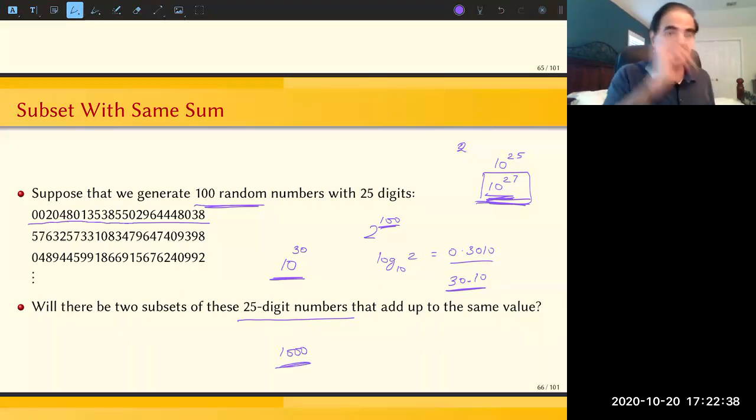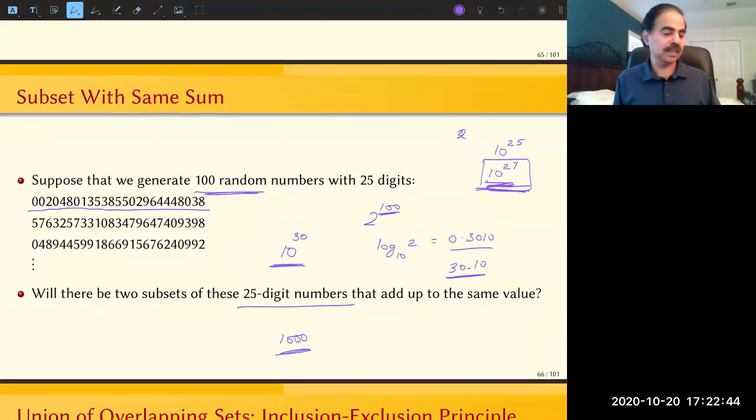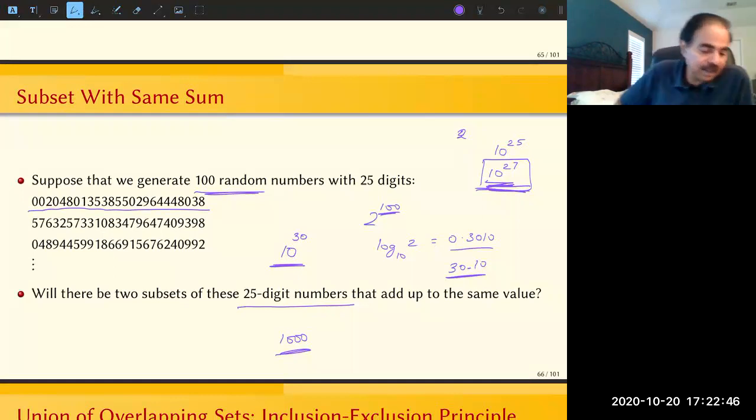What you're saying is that it's going to repeat 1,000 times at a minimum, right? So that's the power of the Pigeonhole principle, and there are two things that it gives you.